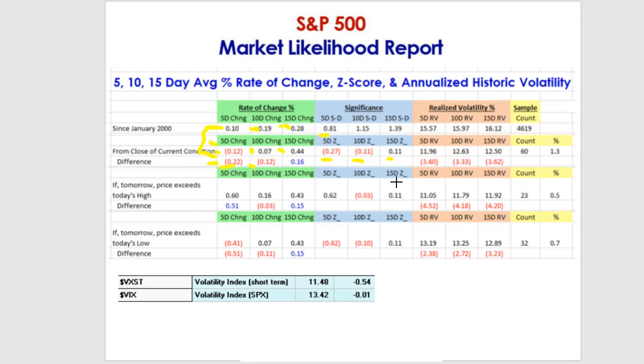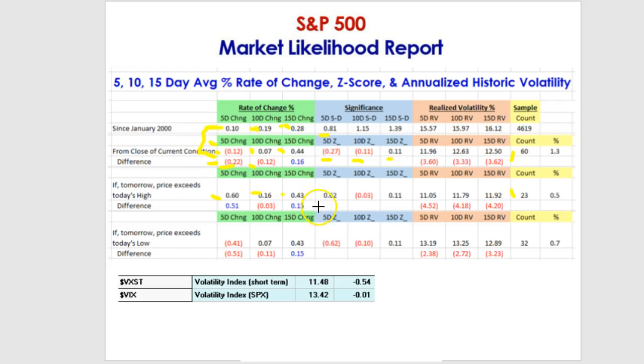We'd look at what the rates of change were in that situation. Of those 60 occurrences, 23 times price went above the previous day's high, so above Friday's high. In that situation, you can see an advance of 0.6, 0.16, and 0.43.